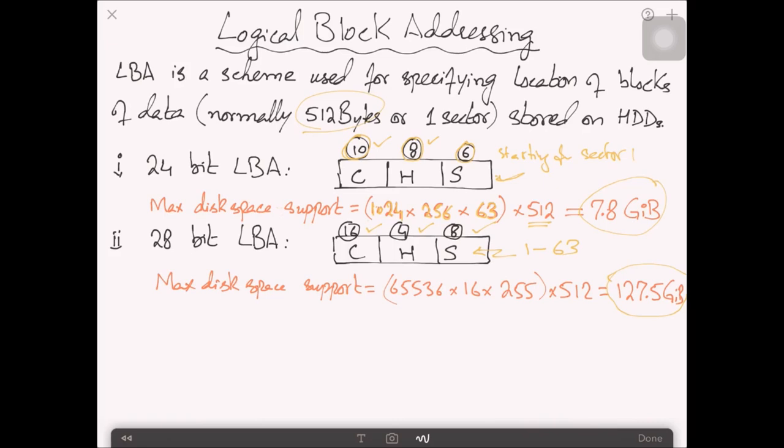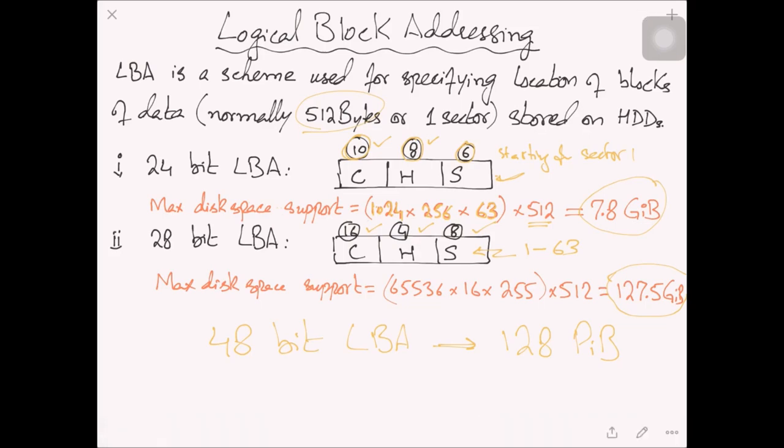These days, we have disks that support 48-bit LBA, and they support a maximum hard disk size of 128 PB. Now let's see how these logical addresses are mapped onto 3D addresses.